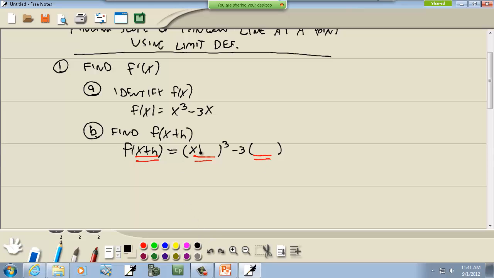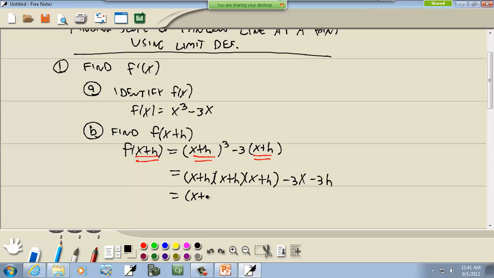So I'll put in x plus h here, and I'll put in x plus h here. Now x plus h to the third power means x plus h times x plus h times x plus h. Negative 3 times x plus h: negative 3 times x is negative 3x, and negative 3 times h is negative 3h.